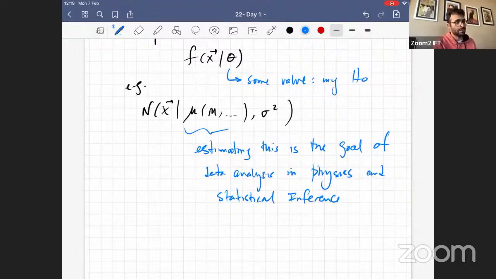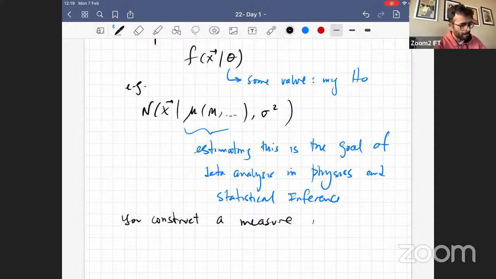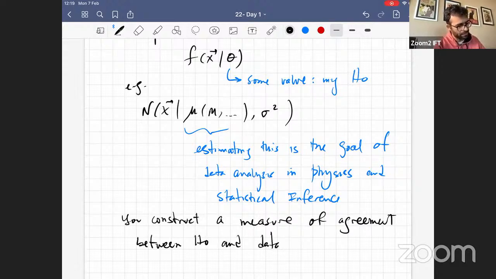Okay, so how would you quantify the agreement between some null hypothesis and the data you observe? In order to do that, you construct a measure of agreement between H0 and the data, right? And this measure of agreement is called a test statistic.